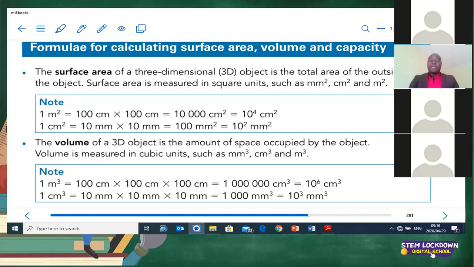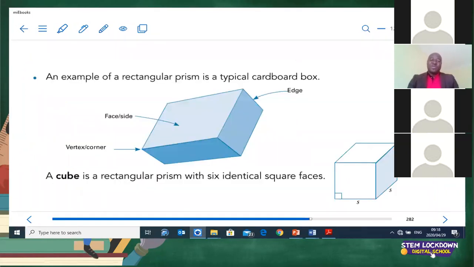And I hope that you don't forget how to convert from millimeters to centimeters.